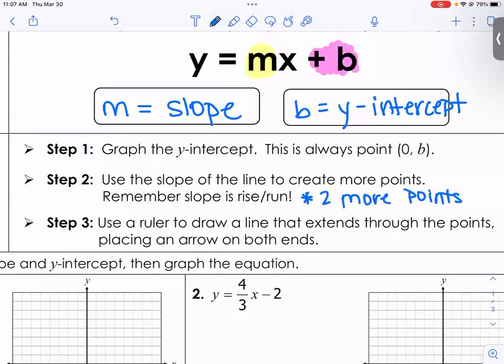Okay. Now, these rulers are used for graphing lines. They are not used for anything else. All right, so we don't need the rulers yet. Put them down.